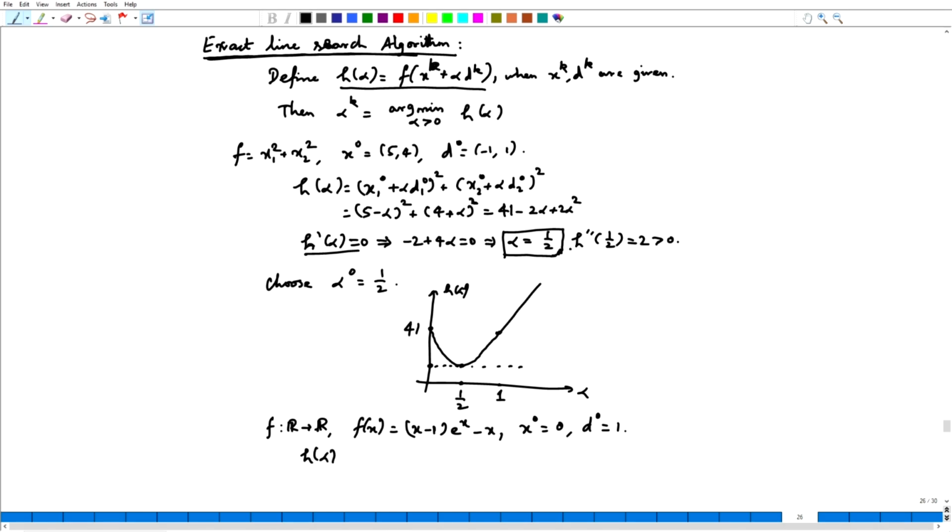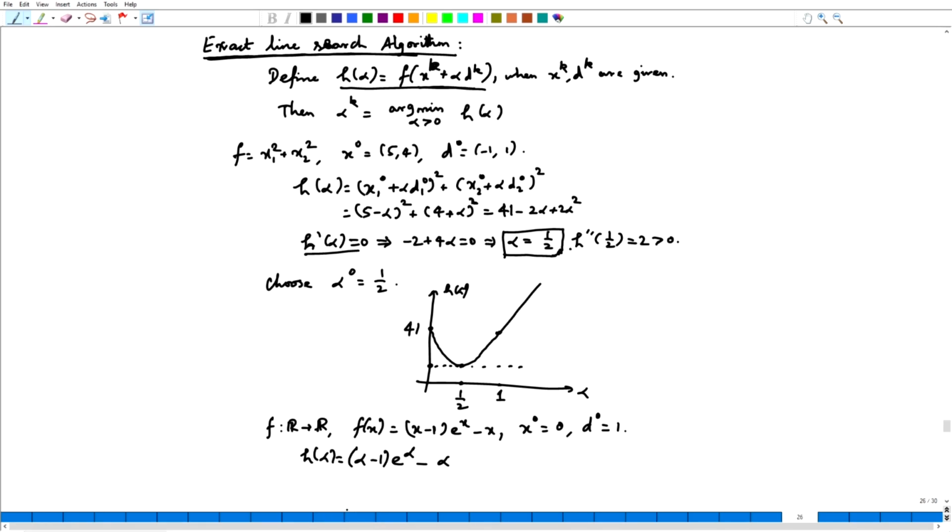H of alpha is, so instead of x you have to substitute x 0 plus alpha d 0. So, that is 0 plus alpha d, which is alpha, minus 1, e power, instead of x again substitute 0 plus alpha, which is alpha minus alpha.